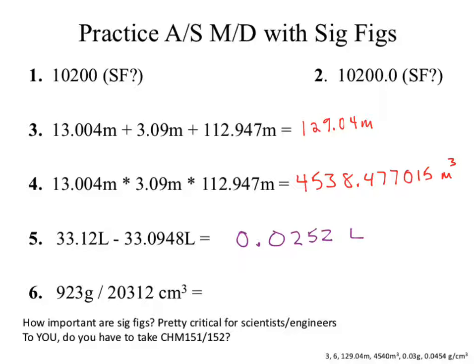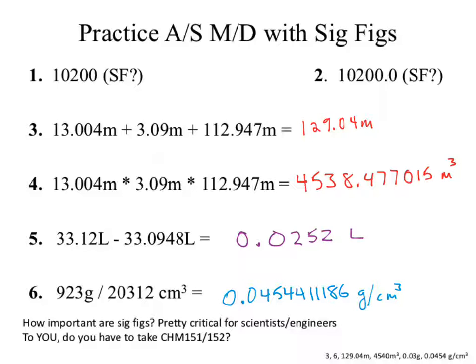Calculator also probably spits out something ugly. 0.04544111186 per centimeter cubed.